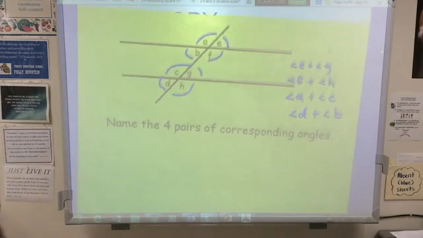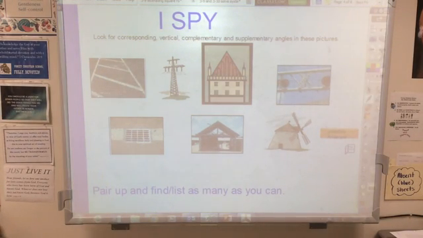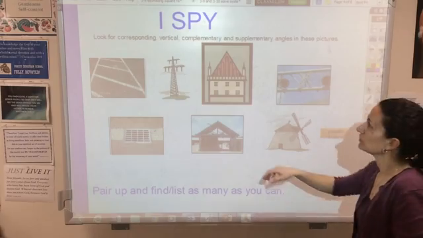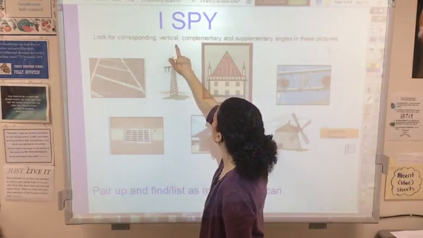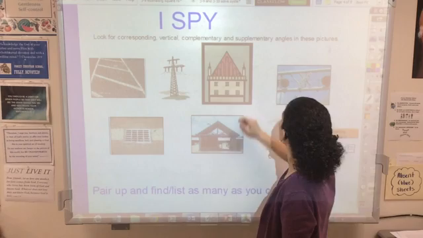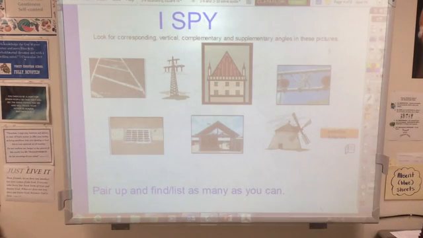Let's take a look at some real life pictures, and I want you to look at these and see if you can find examples of angles that we've learned about so far. Can you find corresponding angles? Can you find vertical? Can you find any complementary or supplementary angles?